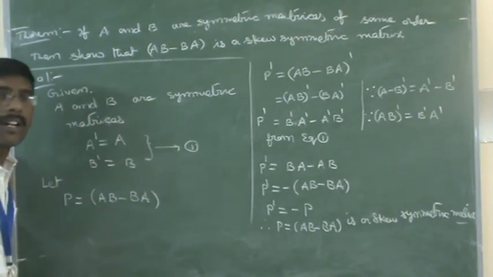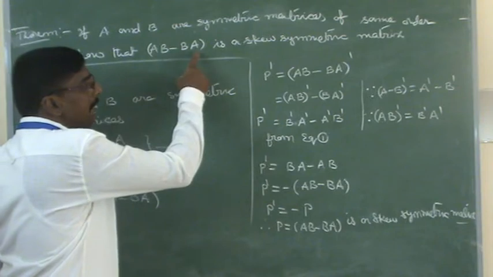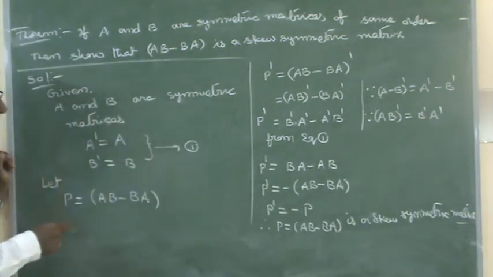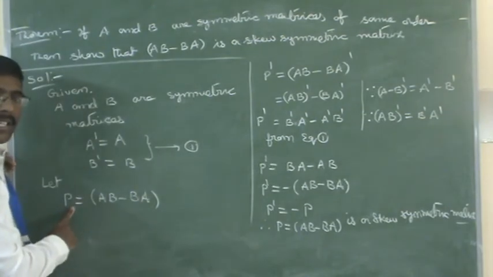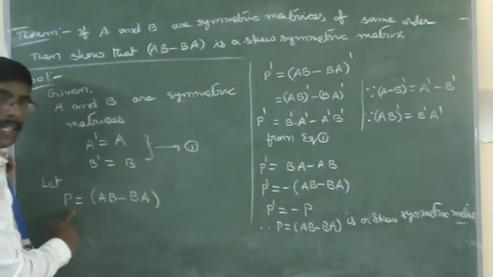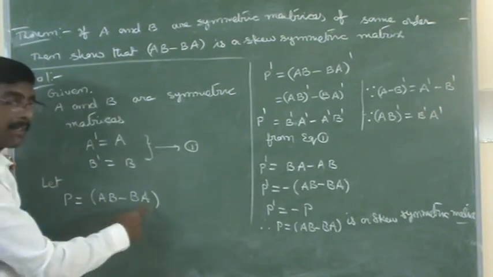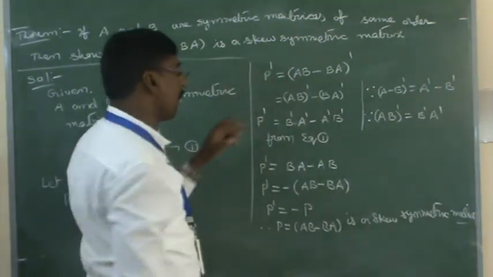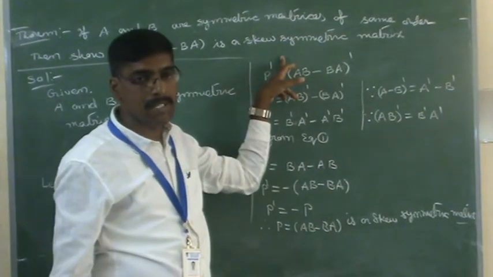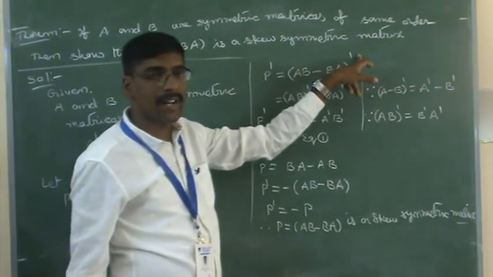Then we are proving that the matrix AB minus BA is skew symmetric. We assume this total matrix to be matrix P. Matrix P can be written as AB minus BA. Now we need to find P transpose, that is, (AB minus BA) whole transpose.